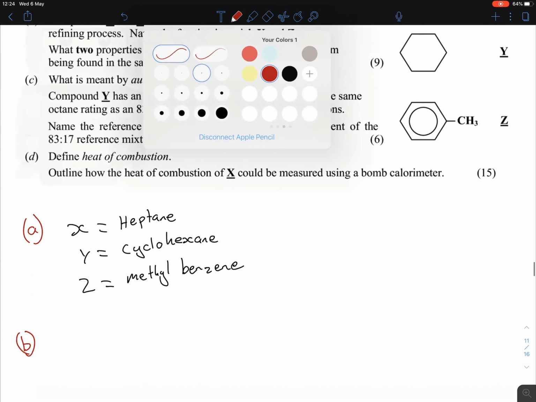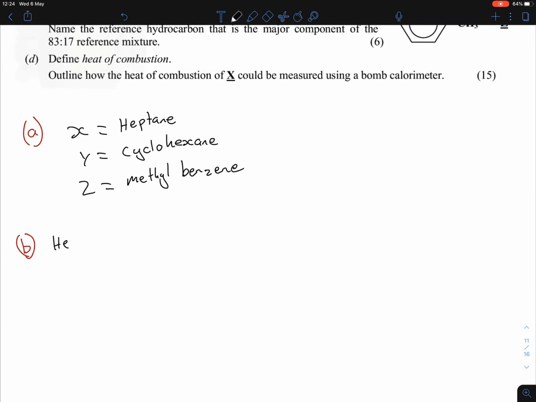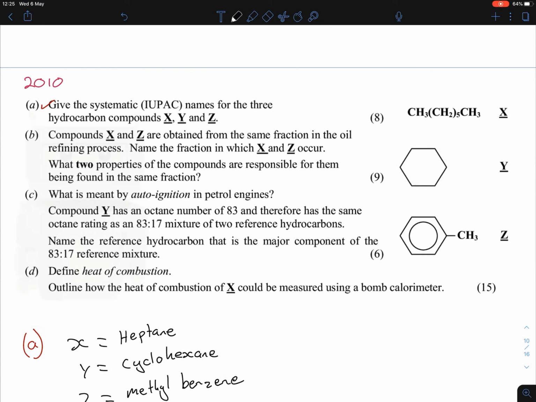So heptane, and that's for the naphtha or petrol. I usually go with naphtha myself. It doesn't matter which one you say, and they're both going to be there in the marking schemes.